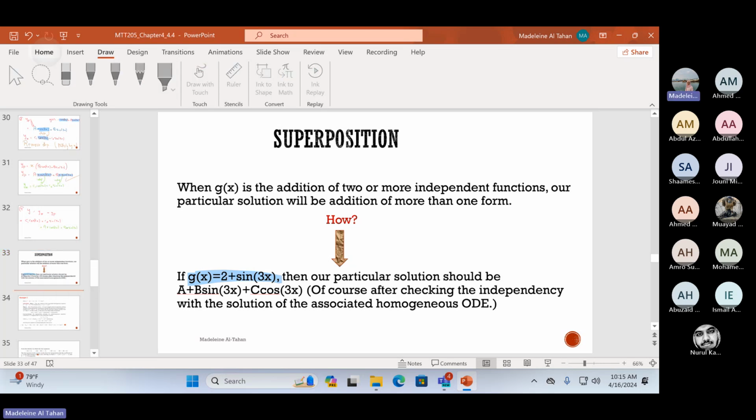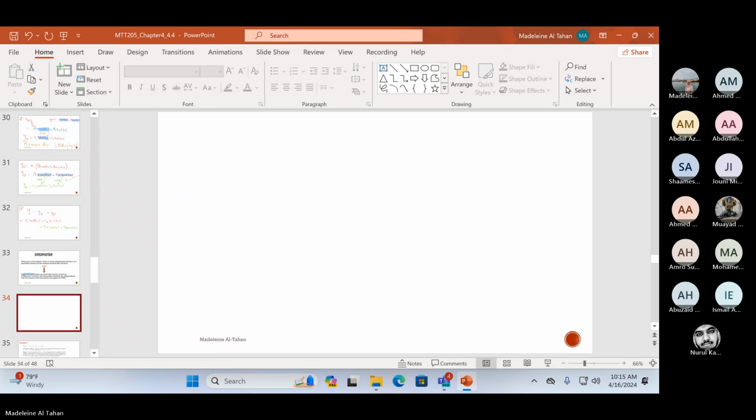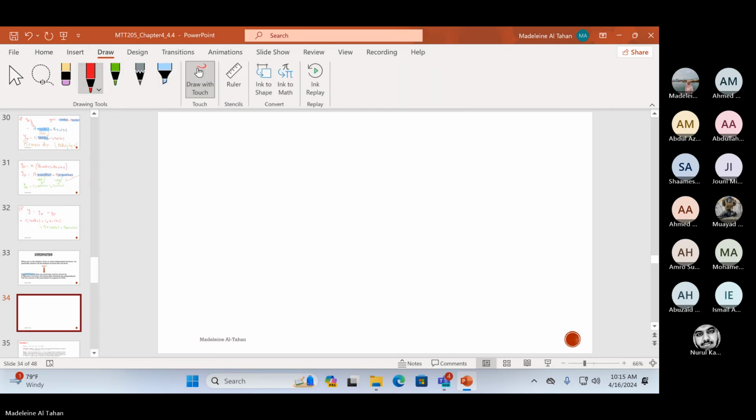If you look at another example, let's say y double prime minus 4y plus 4y prime plus y equals e^x plus 2 minus 3 sine x. Look at this example.